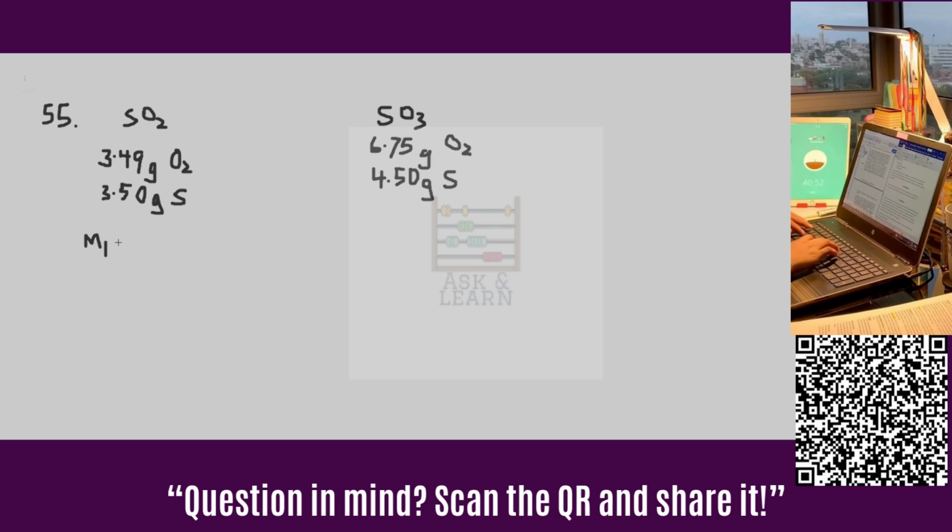So for the mass ratio of sample 1, the mass of oxygen per gram of sulfur, I'll just call it M1, we just calculate that, which is 3.49 grams over 3.50 grams. Right, and this, without doing much arithmetic, should be approximately 1.00.